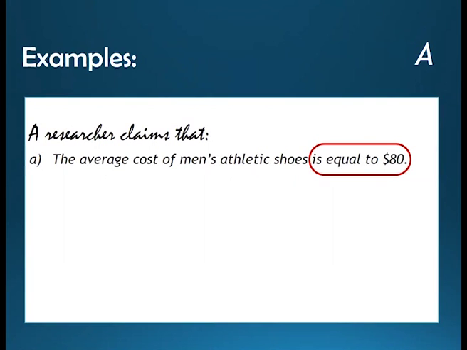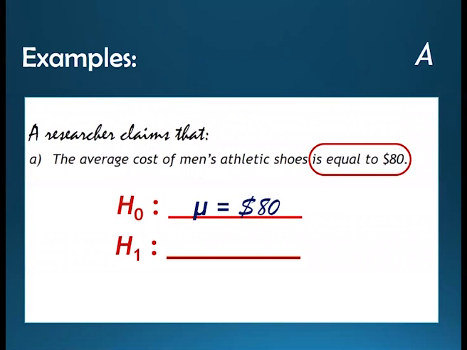Now, what is the null hypothesis for this claim? The null hypothesis would be the mean cost of men's athletic shoes is equal to $80, while the alternative hypothesis is the mean cost of men's athletic shoes is not equal to $80.